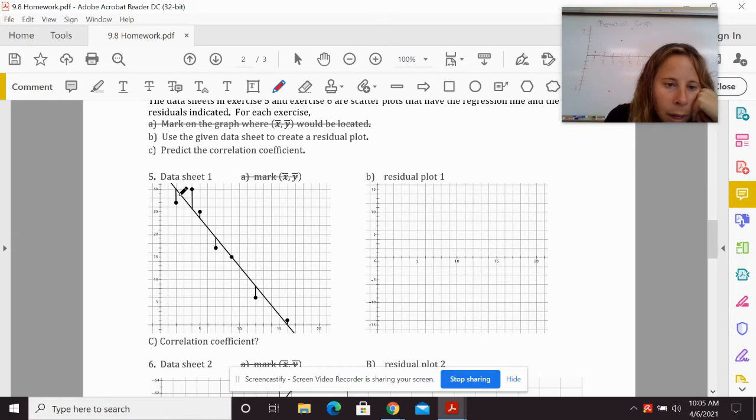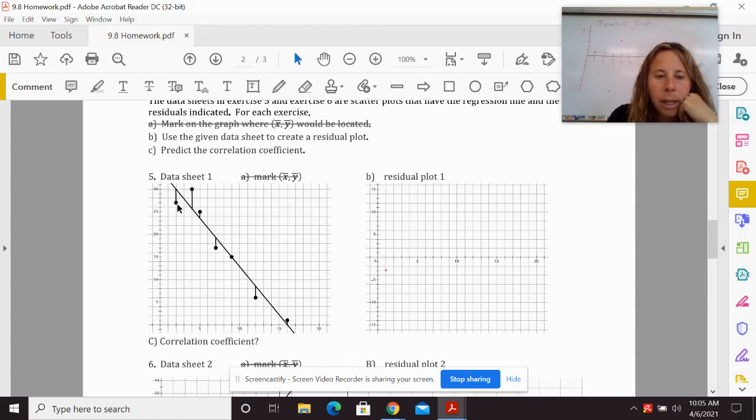Okay, so it goes down 3. So x is 2, and it goes down 3, which means it has to be a negative 3. So it's right here. Let's see if that shows up. Yeah. All right. So 2 and negative 3.